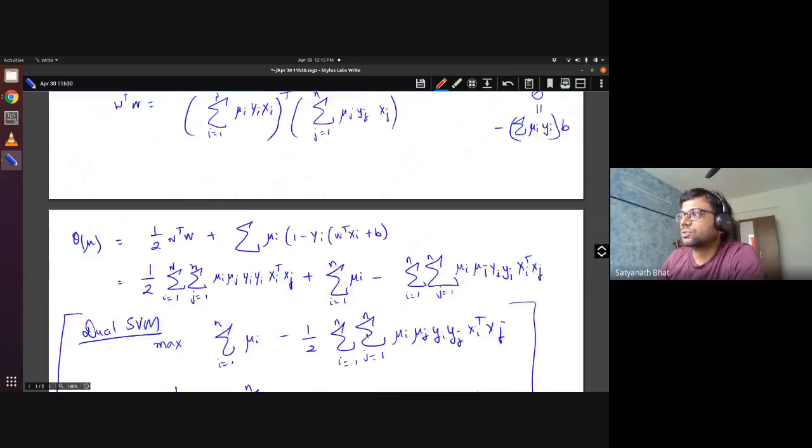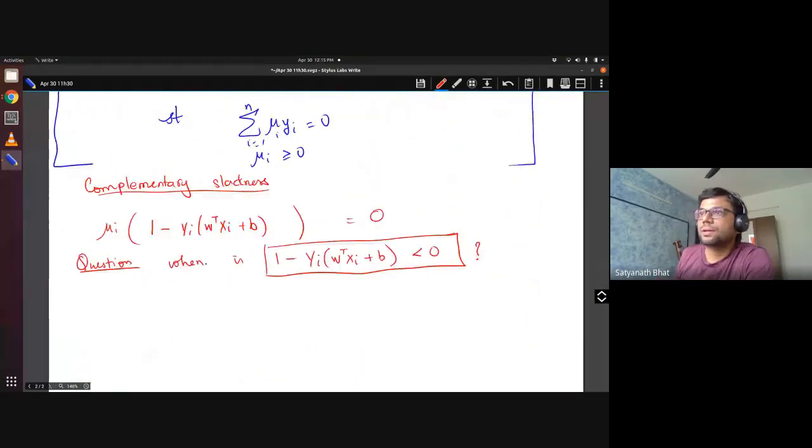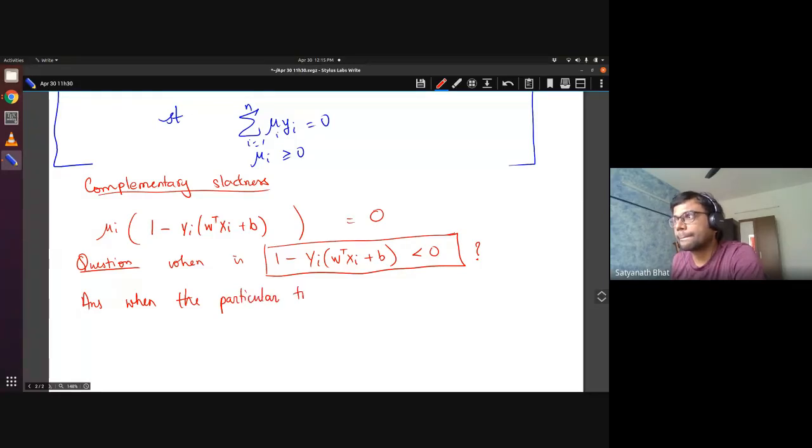So basically, when is this equal to 0? The answer is when the particular training point is lying in the interior of the two half spaces, right?